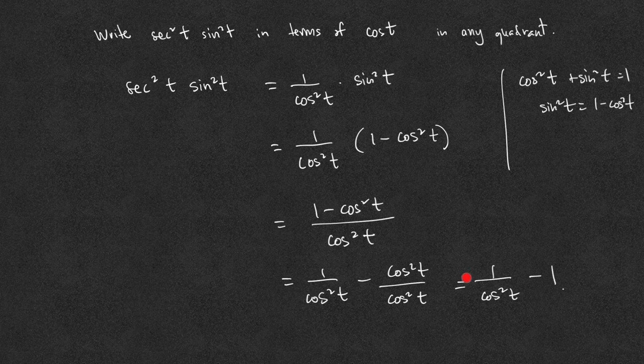Regardless of how we write this, all of these are in terms of cosine of t, so we would rather leave it in this form. It is not the case here that we want to write it in terms of secant squared of t, even though this looks nicer, because the question asks us to rewrite the expression in terms of cosine of t.